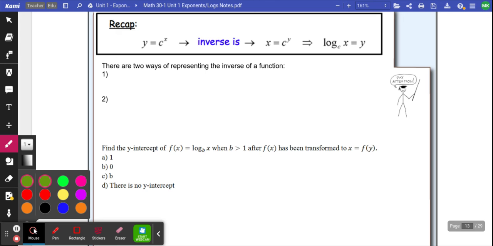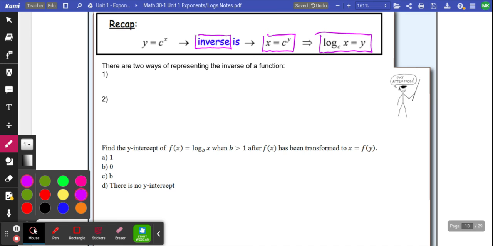The word I keep using is inverse. It's because they're opposites. That's what inverse is talking about. It's like the opposite of something. It means that y and x have switched spots for each other. When we look at our exponents like this, and we switch them into logs like that, you can see how the inverse actually happens.